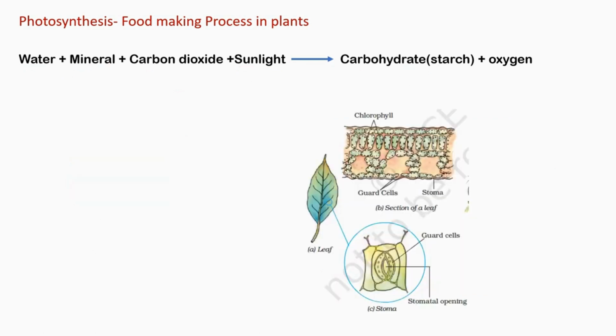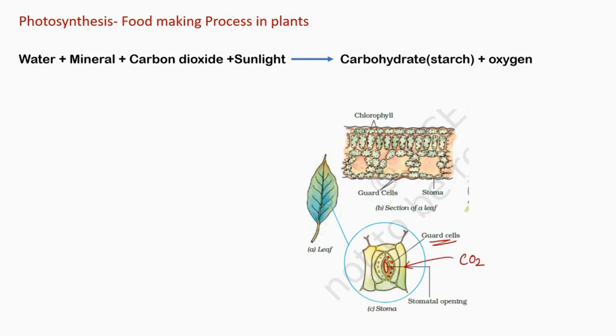So these are the stomata pores. As you can see on the surface of the leaf, this kind of pores will be there. This is a pore and it is surrounded by these small guard cells. So they will open up the pore when photosynthesis is happening. And via this pore, the leaves are taking carbon dioxide from the air.